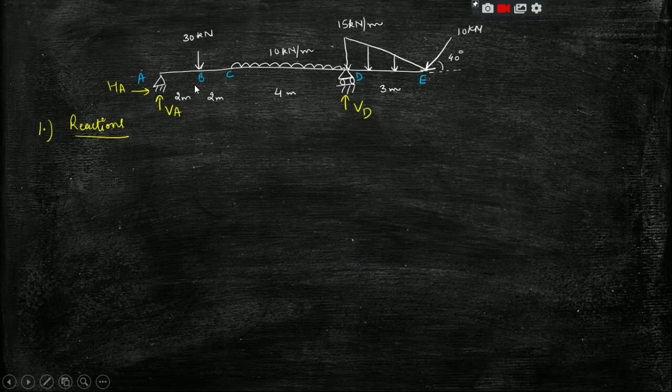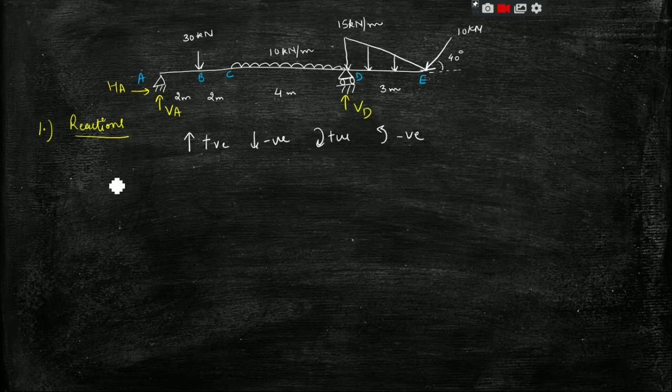For calculation of reactions we use different equations of equilibrium, and the sign convention we will be using for the external forces and moments is: upward forces positive, downward negative, clockwise moments positive and anti-clockwise negative.